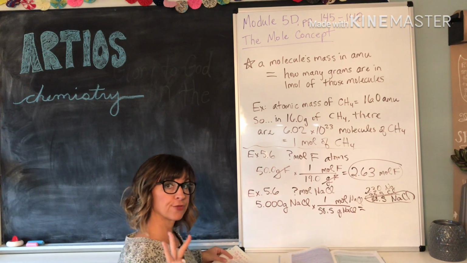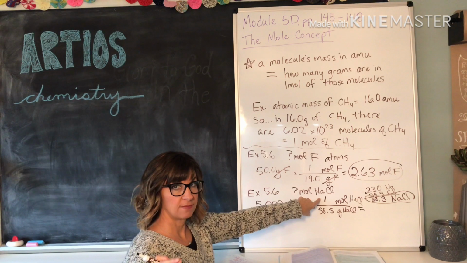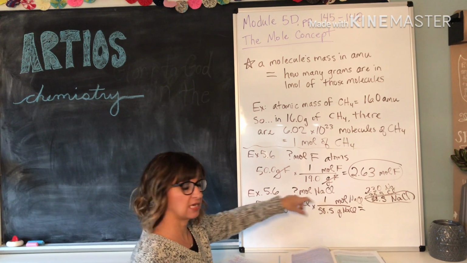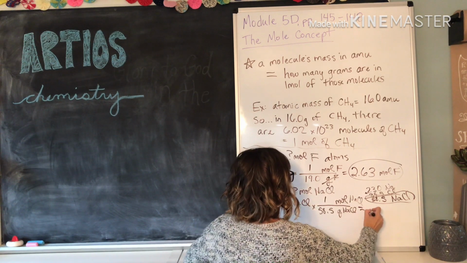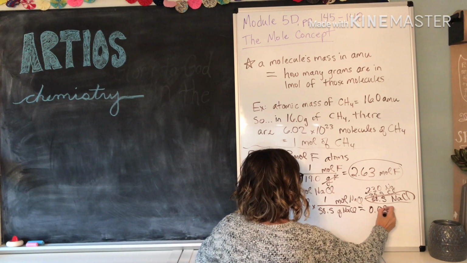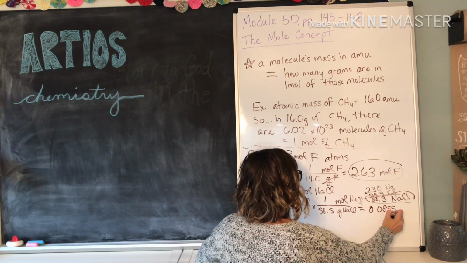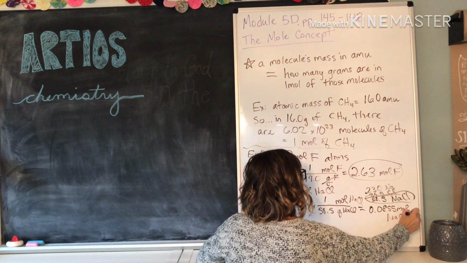So our answer has to have 3 significant figures. This 1 is an exact integer, so it does not figure into our significant figures, okay? And the answer would be 0.0855 moles of NaCl.